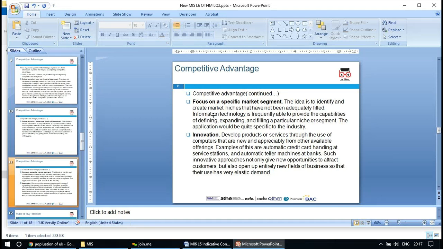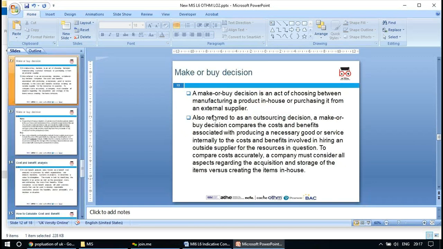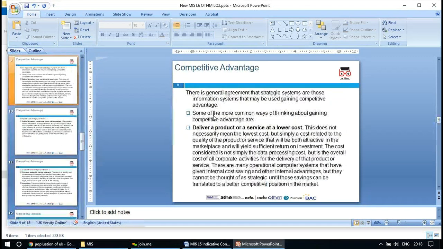And fourth, it should bring some innovation, something new and exciting, and changing demand as well. So that was about competitive advantage.